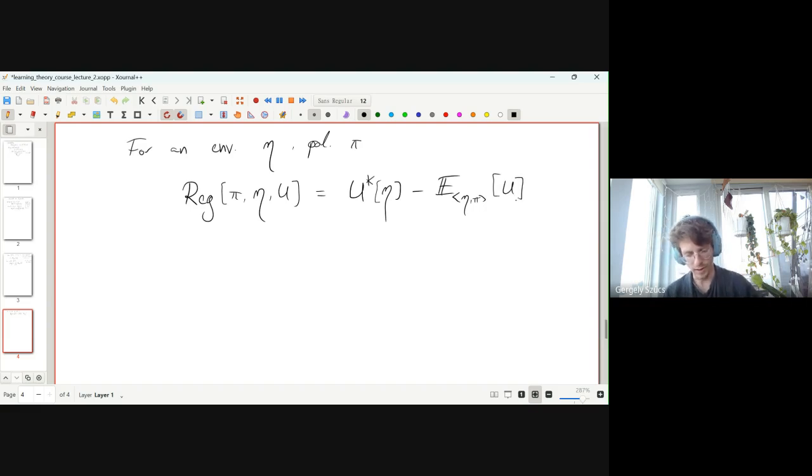So this is basically saying how much worse this policy is doing than the optimal policy. So that's the notion of regret.